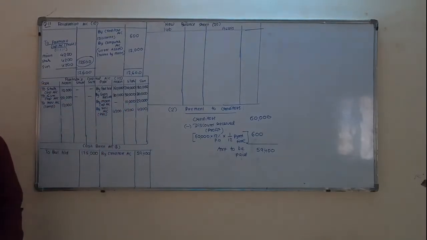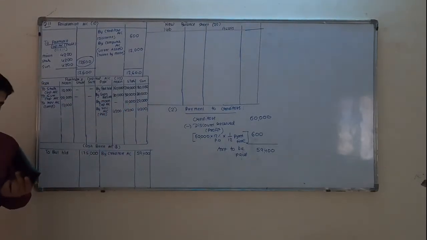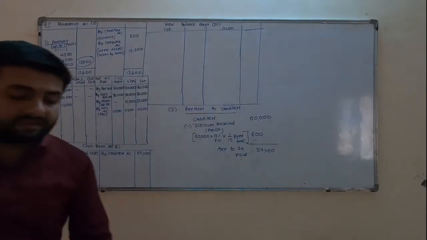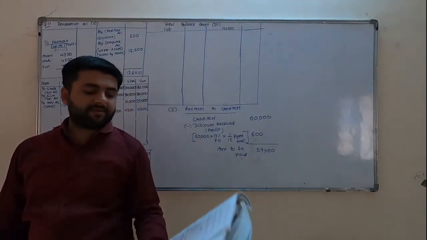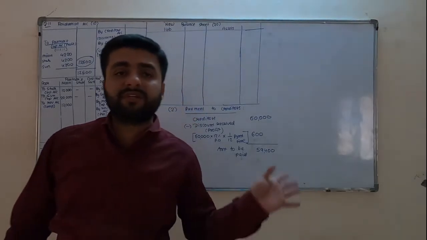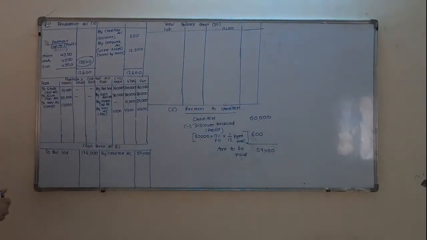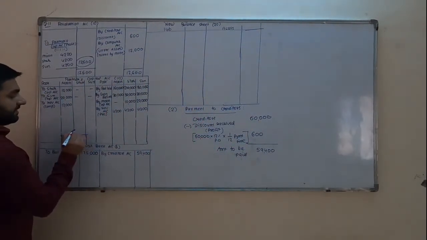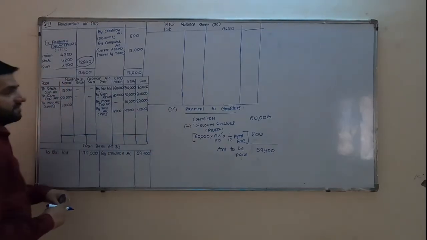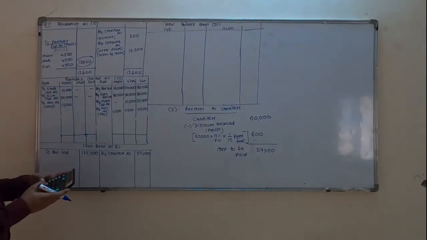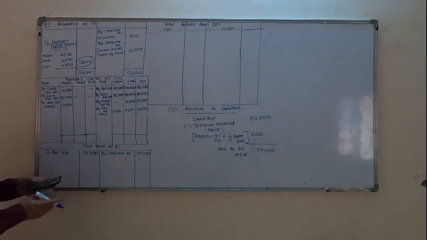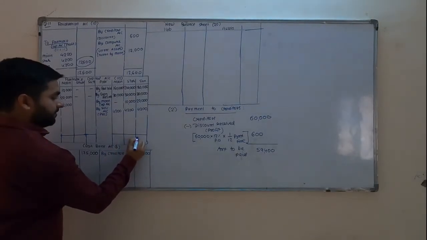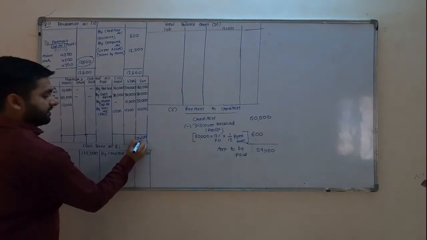Okay. Now they are telling that in the last adjustment, after the retirement of Sun, first Sun is to be retired and his amount is to be kept as loan. Okay, so we will take the totals and we will close Sun. 1,80,000 plus 30,000 plus 20,000 plus 4,200. It is 2,34,200.